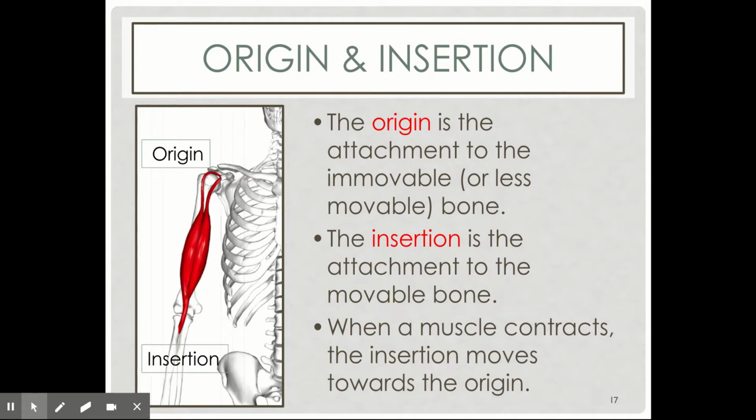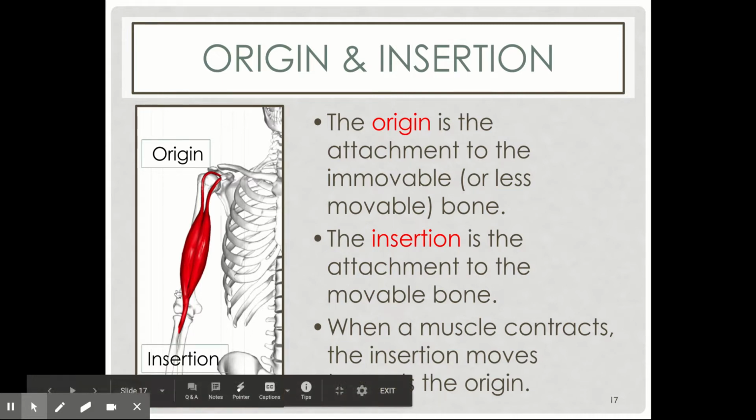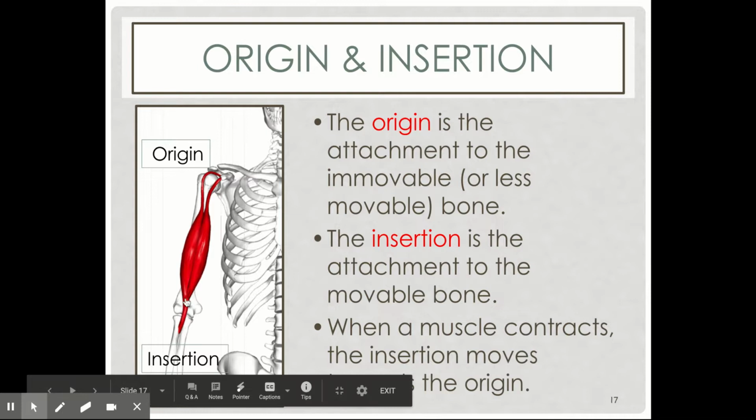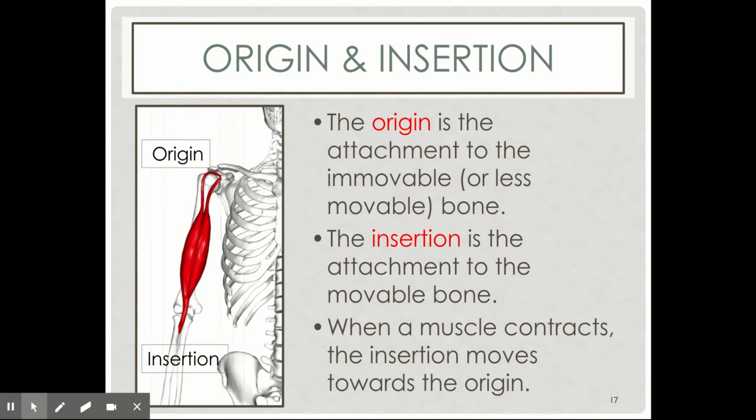Now, your insertion is down here, by your elbow, like I said. When you move, the insertion will move towards the origin. Okay, so if you take your arms right now, you put them down at your sides and you move your arms up, that would be the insertion of your bicep moving towards the origin.